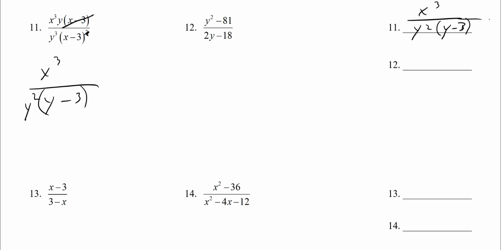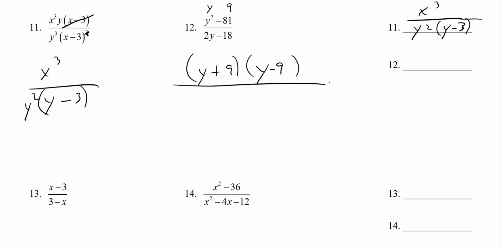All right, so now number 12, guys, we're getting into factoring. You've got to know how to do that. You should recognize there's a difference of two squares, so you should write a y here and a 9. So it's going to be y plus 9 and y minus 9. The bottom is a greatest common factor, so I can divide both sides by 2. So you get 2 times y minus 9.